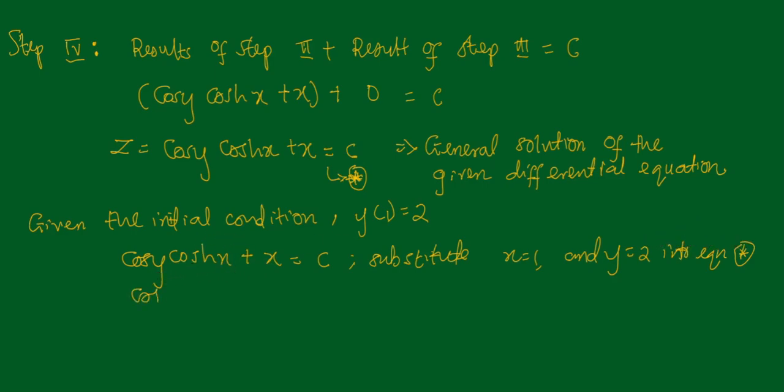So we have cos 2 cos 1 plus 1 must be equal to c.